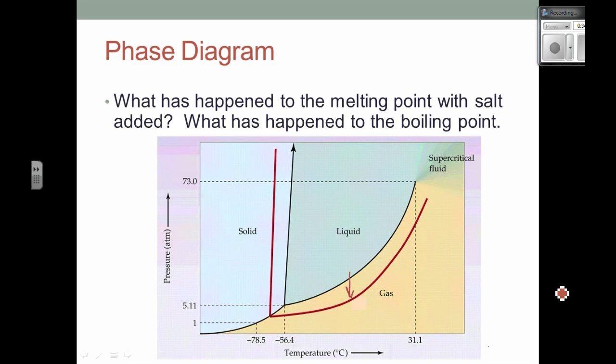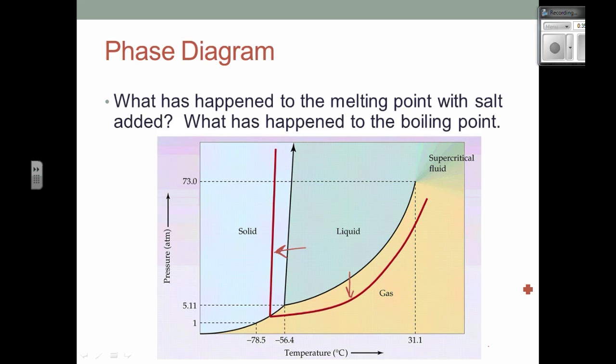Now, the solid and liquid, for temperature: when we add salt, does that increase or decrease the freezing point? It decreases it, right? Does the melting point increase or decrease when we add salt? So we're decreasing the temperature at which it melts. So we add salt to roads to prevent ice from forming, because ice is going to form at a lower temperature.